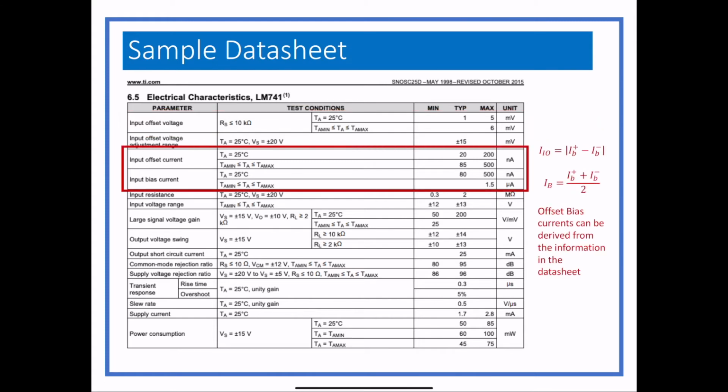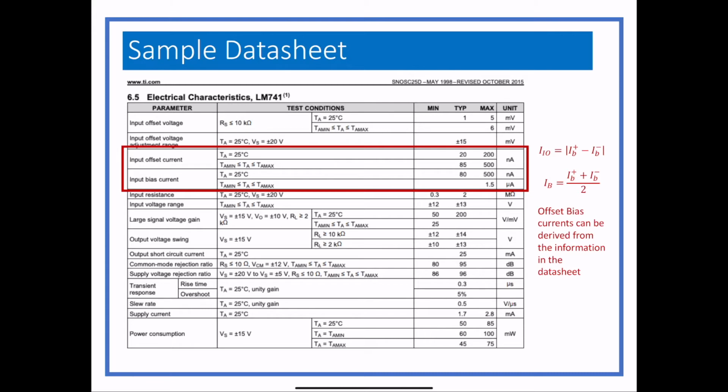The offset bias currents are given to you as an average and a difference. So IIO is labeled as the input offset current, and that's basically telling you what the difference is between the two. And then IB, the input bias current, is giving you the average.